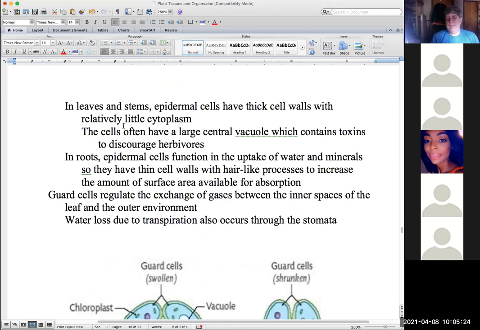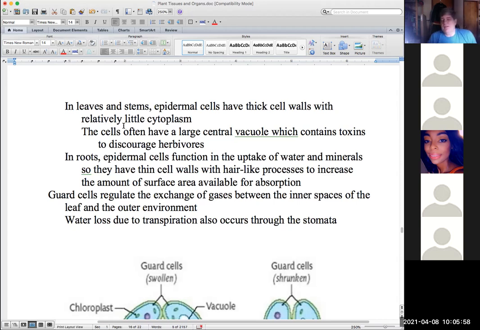Now, keep in mind, epidermal cells are a good example of how cells aren't necessarily the same everywhere in the plant's body. If we look at epidermal cells in the stem and in the leaves, or in other words, in the organ that we call the shoot, if we look at epidermal cells that are above ground, those epidermal cells tend to have a very thick cell wall. They don't have much cytoplasm.